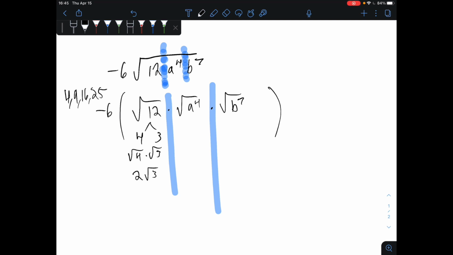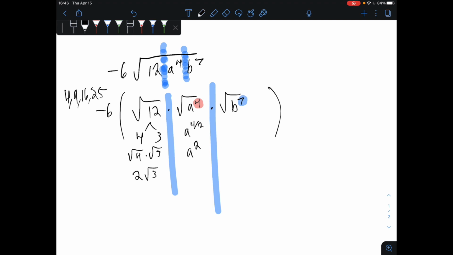Let's take a look at this next one. Here we have an even number up here, so all we have to do is divide that number by 2. So we have a to the 4 divided by 2, and that's just going to be a squared. That middle term was easy. What about this last one? Now we got an odd number, so we do have to separate it out.